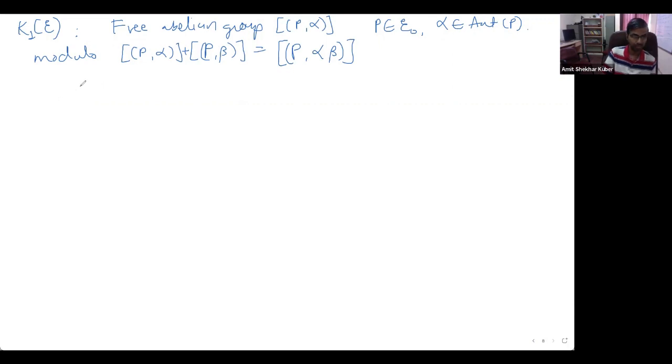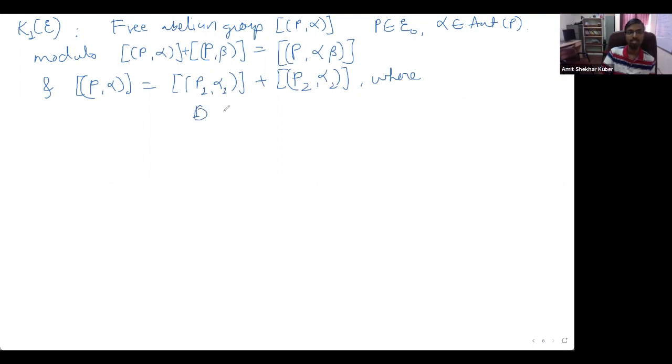And whenever you have a short exact sequence of automorphisms, so [P, alpha] is equal to the class of [P1, alpha 1] plus the class of [P2, alpha 2], where this one is a short exact sequence: 0, P1, P, P2, 0, and here is alpha 1, here is alpha, and here is alpha 2.